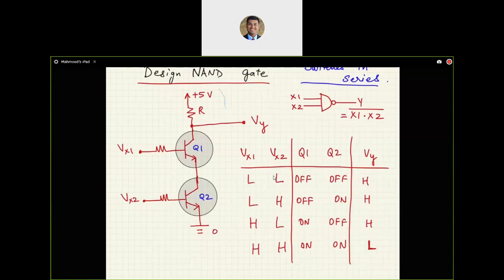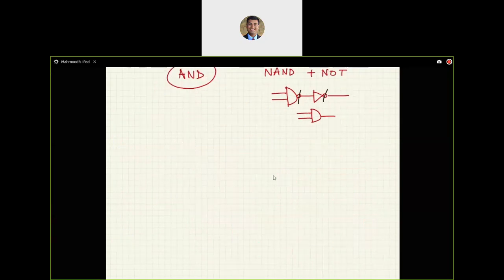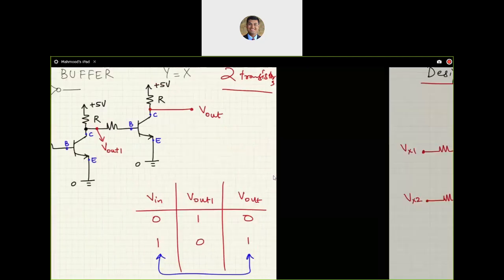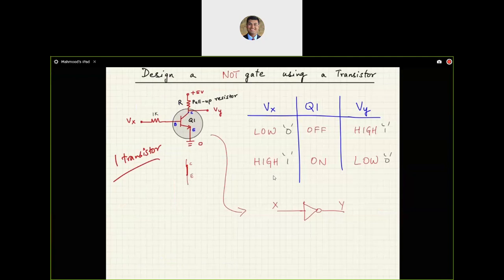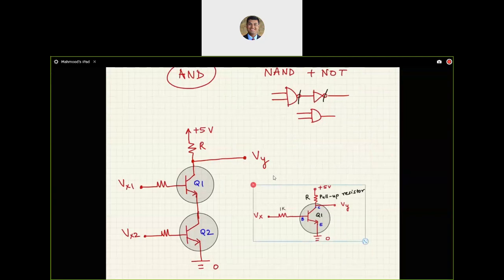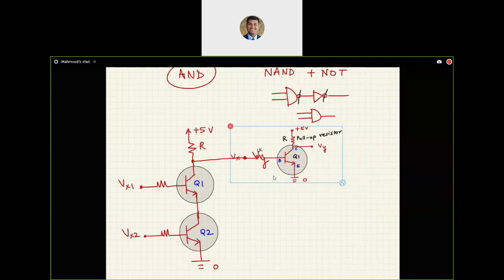So for that, I'm going to borrow this particular circuit diagram, paste it there. I also need NOT, so I'm going to go back and borrow my NOT function and paste it there.